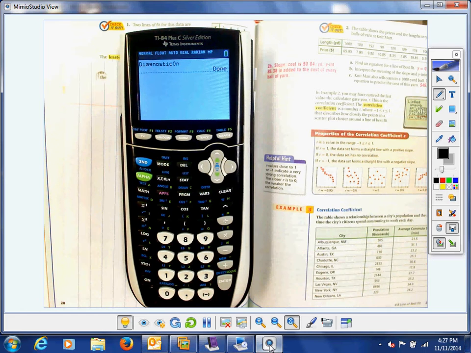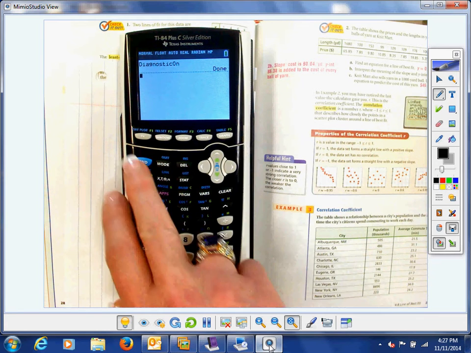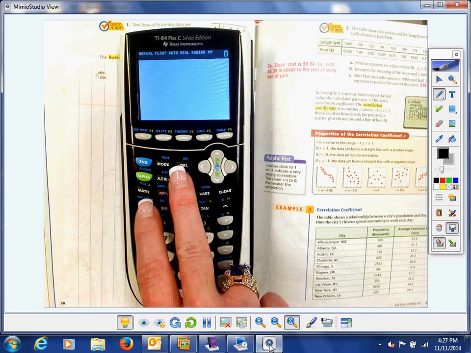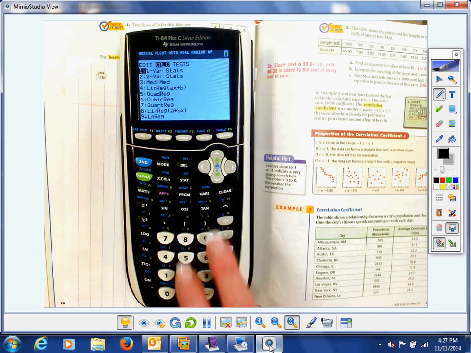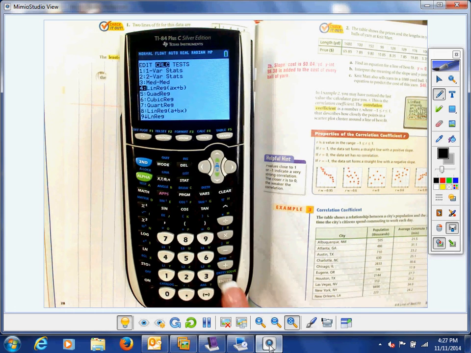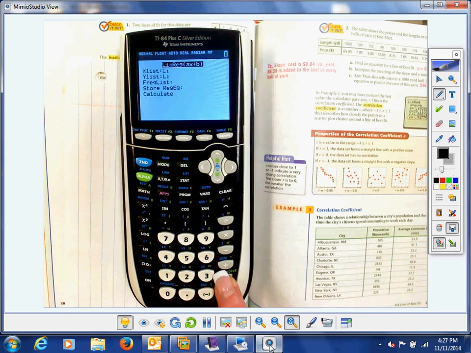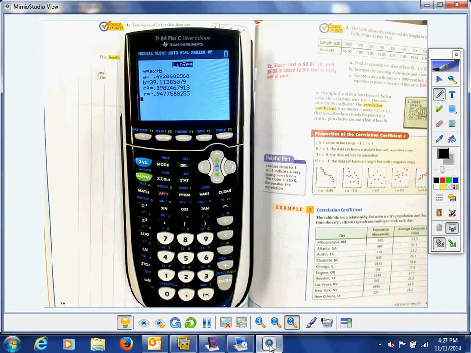And now, if you didn't see the R squared and the R before, you should see it now. So let's test this theory, and hopefully it's there. Go stat, calc, arrow down to 4, or press 4, enter. Goes with my calculator, arrow down to calculate and hit enter. And you should now see R squared and R. Now you will see R squared and R if there was data in there to begin with.